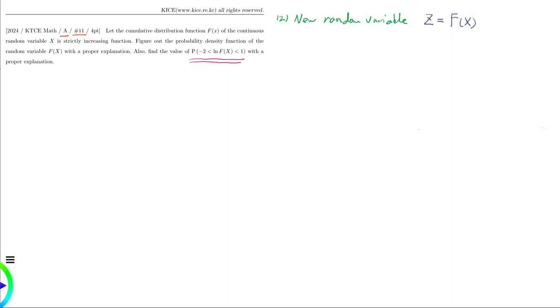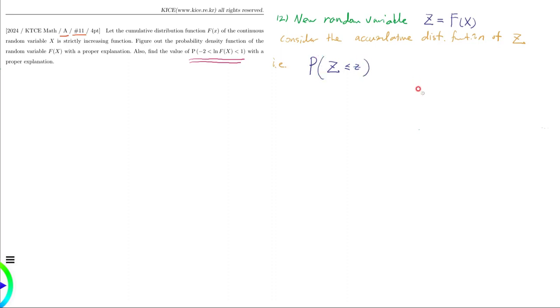I'm going to consider the cumulative distribution function of this new random variable Z, that is the same as the probability that capital Z is equal to or less than small z.